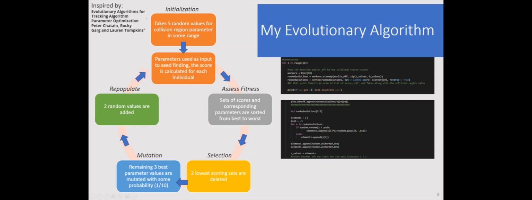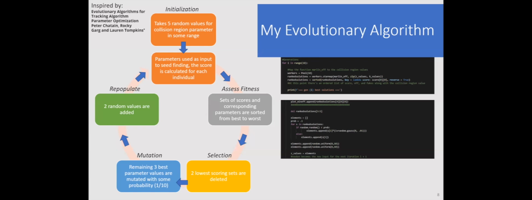As far as the code goes of what I did, I took 5 random values, each with its own collision region parameter. I used that as an input to seed finding, and then calculated that score and sorted those pairs of parameters and scores from best to worst, selected 2 of the lowest ones to get rid of, and then I did a mutation with some probability.